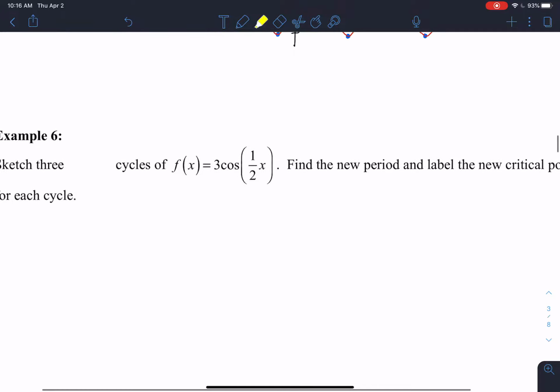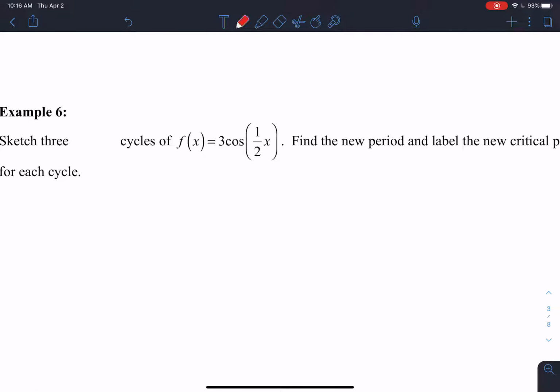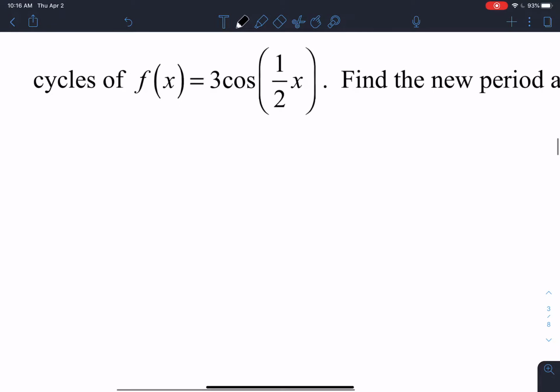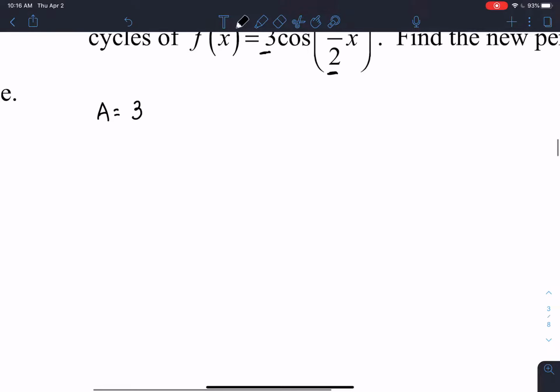Okay, so the next one, we're going to do cosine. All right, so again, I'm looking at 3 and I'm looking at 1/2. So I know that the A term is 3, which is my amplitude. And then the B term is 1/2, okay? So for the period, I'm going to do 2 pi divided by 1/2.